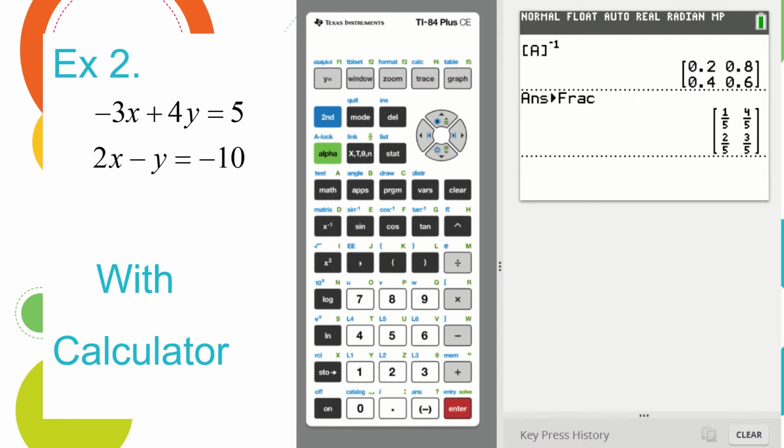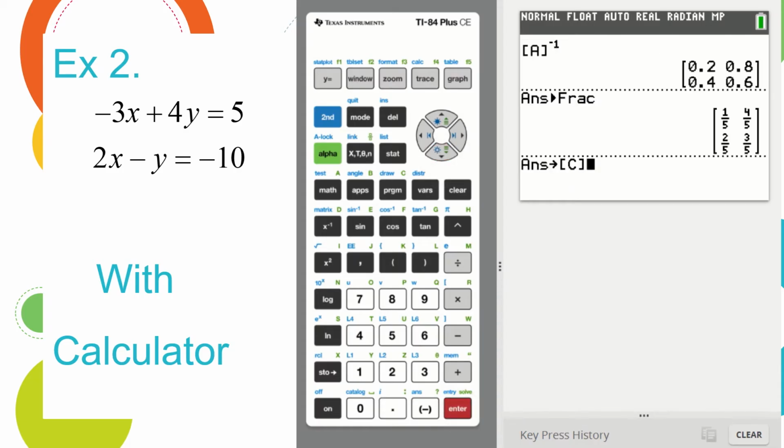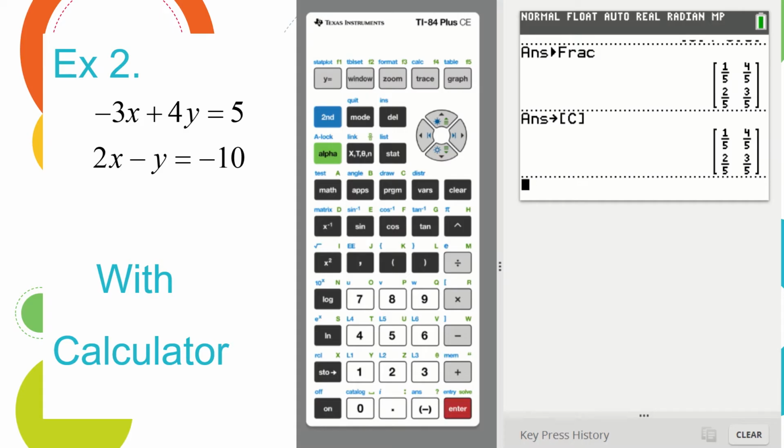To store this, if you press the store key in the bottom left, you can store it as any name. And so I'm going to go second matrix, and I'm going to choose the name C. I want to store it as C. Enter. Enter again. I now have the inverse stored as C. The inverse times the constant gets my answer.